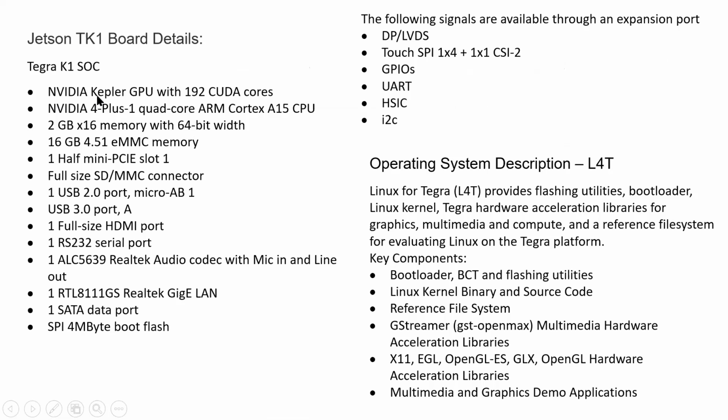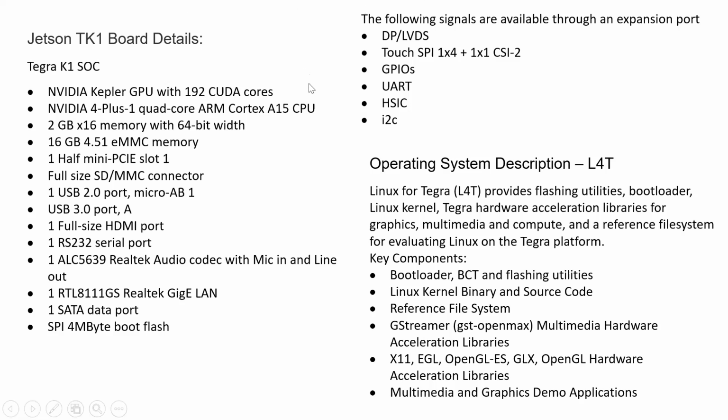Here you can observe the specifications of this board, which we have already discussed. NVIDIA Kepler graphic processing unit with 192 CUDA cores. 192 cores are there, so you can realize the computing speed of this type of single board computer system. It has one quad-core ARM Cortex processor, and this ARM Cortex processor is used as the central processing unit.